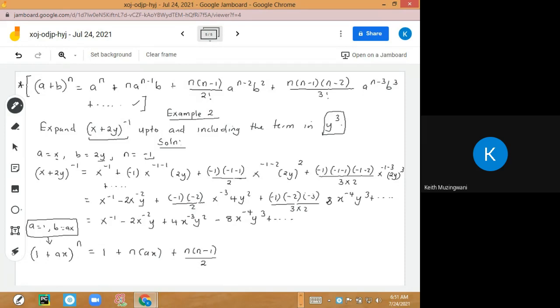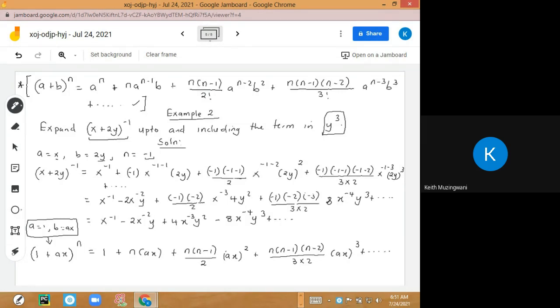But 1 is just 1. To n power is still 1. Multiplied by b, but b is ax squared. Plus n minus 1, n minus 2 over 3 factorial, which is just 3 by 2. Where there is a is 1. 1 power n minus 3 is still 1. So just write b, which is ax power 3.